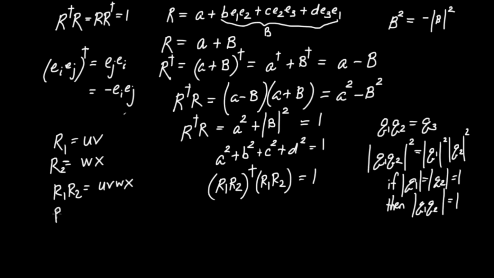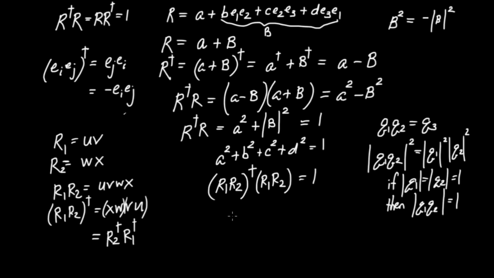Now consider the reverse of r1 r2. That would just be writing this in reverse order, which would be x, w, v, u. Let me throw some parentheses in to make that clear. What is xw? That's just r2 reverse, r2 dagger. What is vu? That's r1 reverse. And that's why I want to point out that (r1 r2) dagger is equal to r2 dagger times r1 dagger.